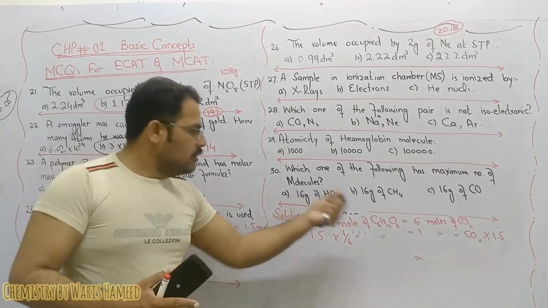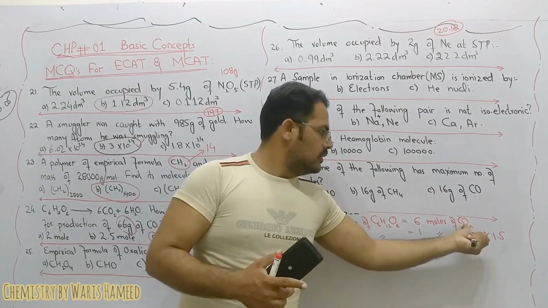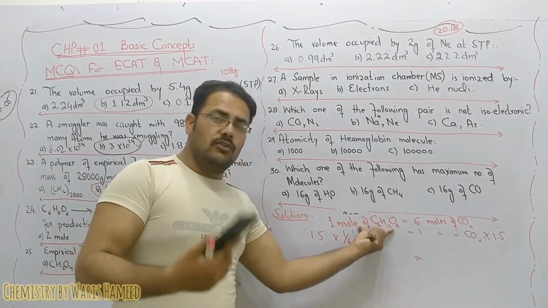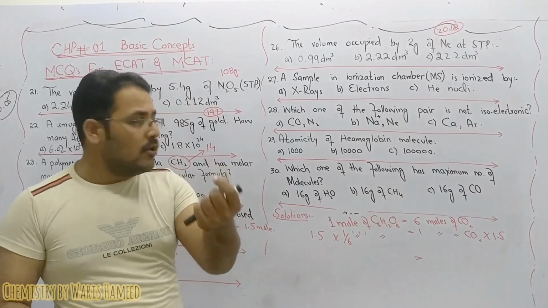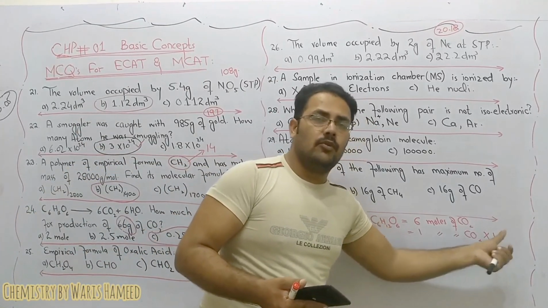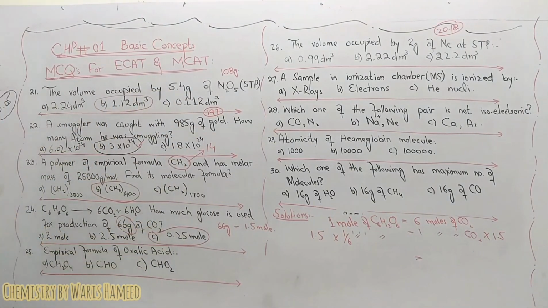Then calculate the amount of glucose required to produce 1 mole of carbon dioxide, and then multiply 1.5 mole with both sides of the equation, then you can find the answer.